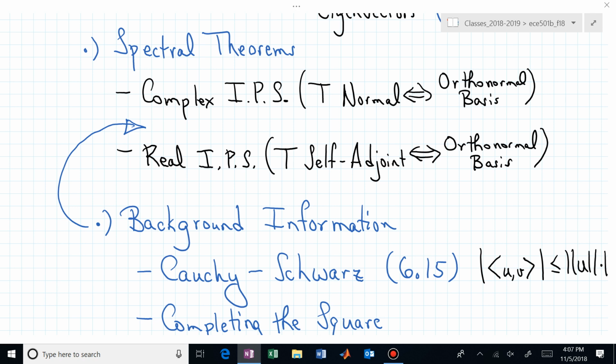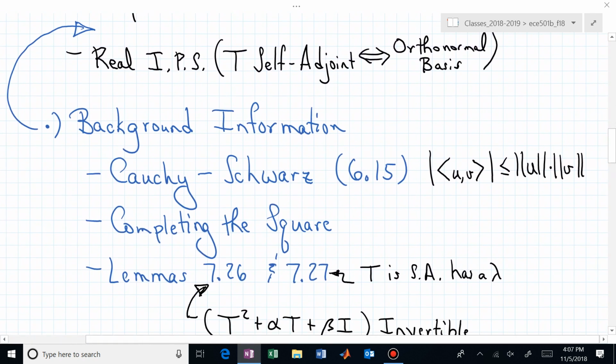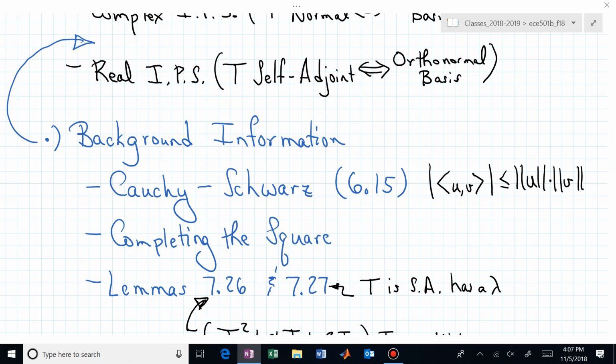Because of that, we need to introduce some background information before we jump from complex inner product spaces and normal to real inner product spaces. If we have real inner product spaces, then the operator needs to not just be normal, it needs to be self-adjoint, which is more restrictive, in order to have an orthonormal basis.